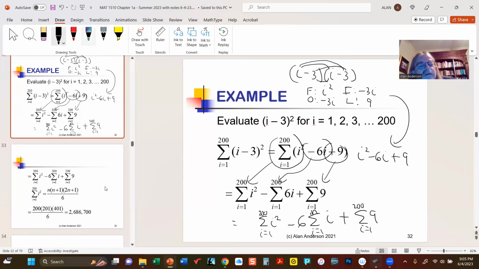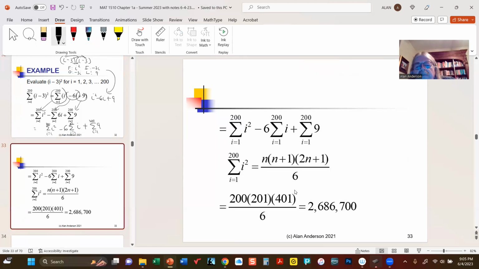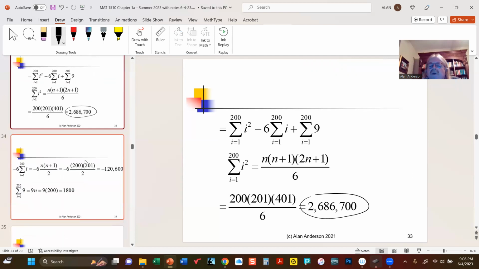So the i squared terms will give us this term. And then, of course, the next one is -6 times the sum of the i's, which you recall is n times n plus 1 over 2.